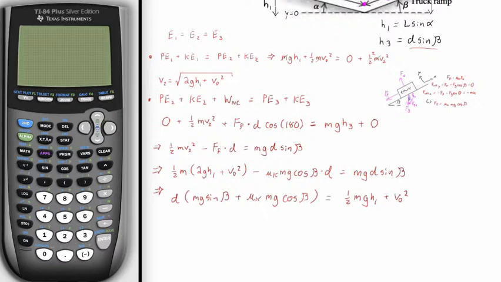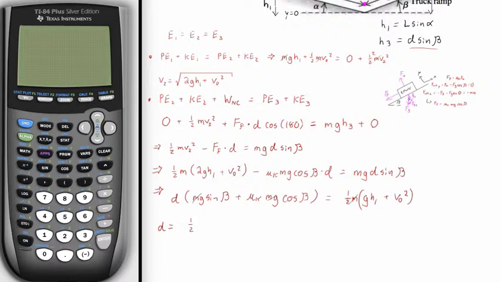I've just reorganized a bit, and now we can plug in our numbers and solve for d. Quite a big thing is the masses cancel out, in all four of our terms. I put the parenthesis in the wrong place, so let's fix that. It's 1/2 m, like so, so that mass cancels out.